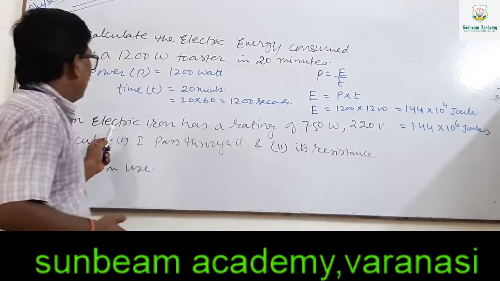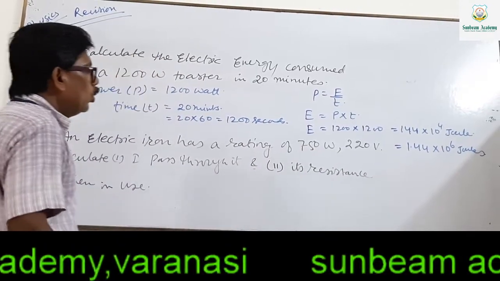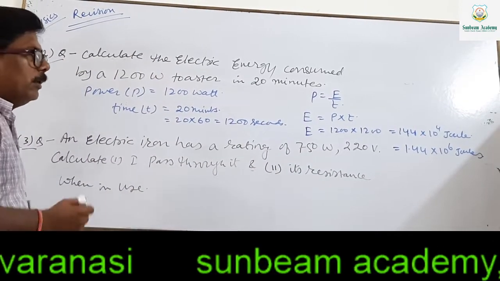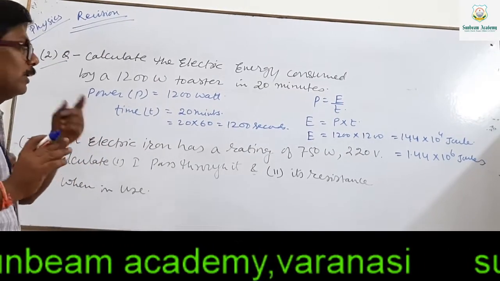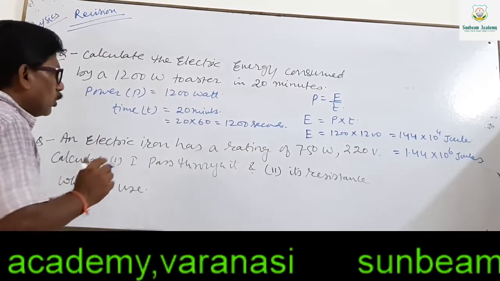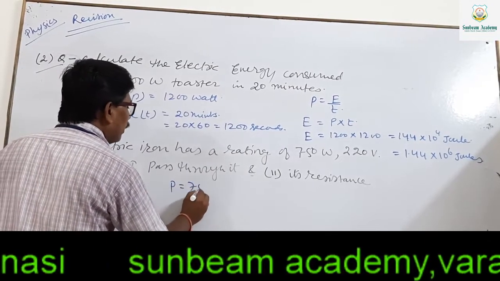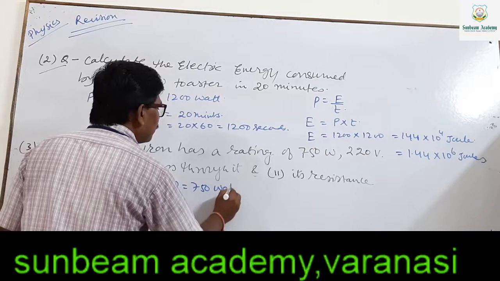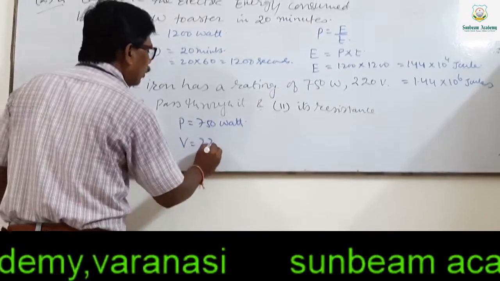The electric iron has rating 750 watt and 220 volt. These are the short numerical questions that generally come for 2 marks. Here power is given as 750 watt and potential difference V is given as 220 volt.